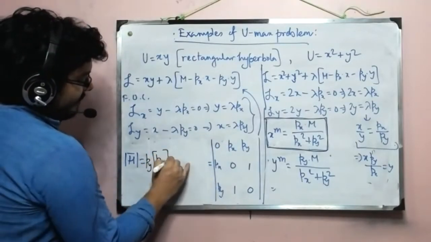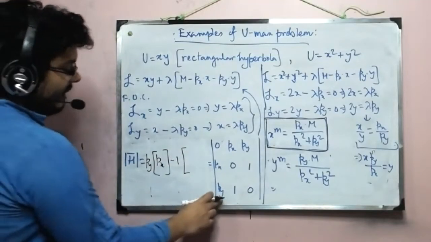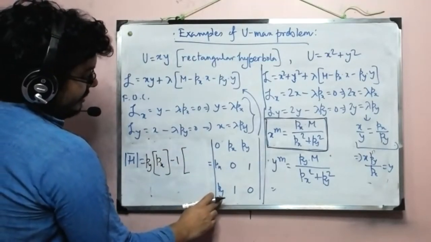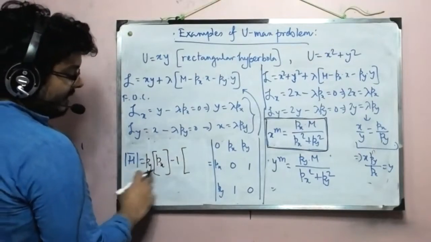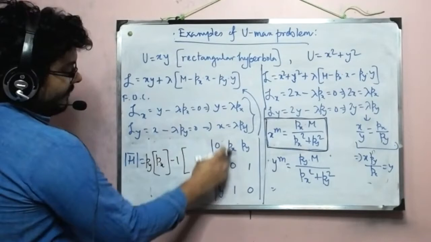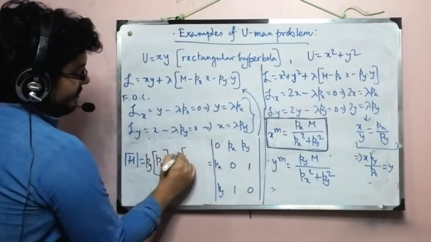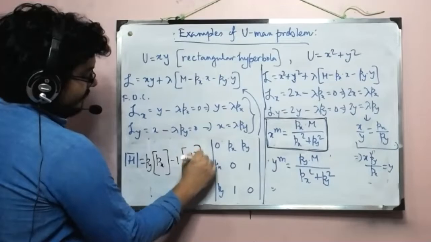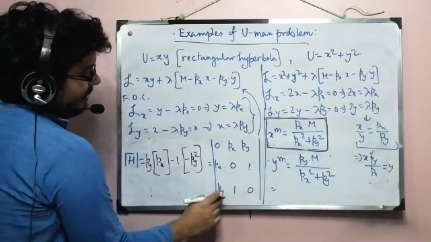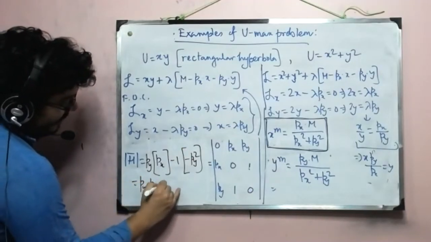And for the second one it will be -1. Am I doing it wrong? Py. The position 3,3 is plus, and 3,2 is minus. So if I take 1, then this is 0, and this is minus py square, right? So it will be py into px plus py square.